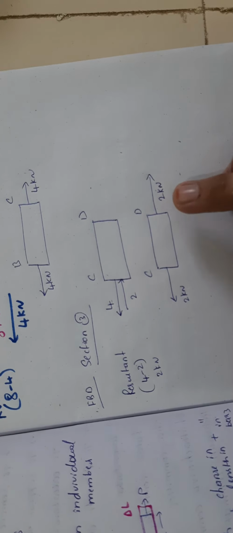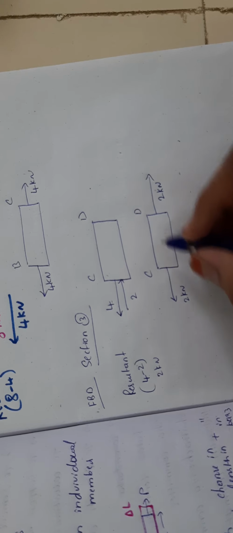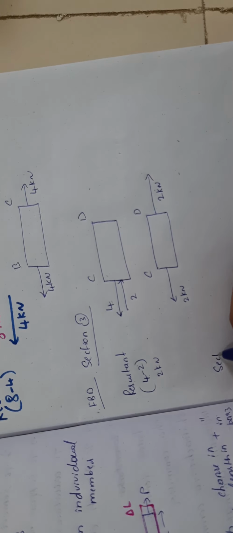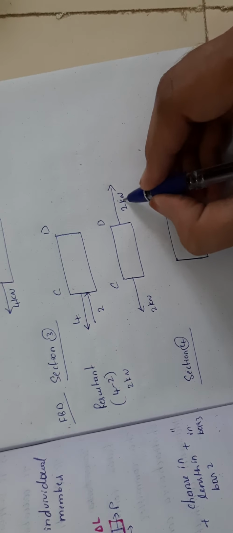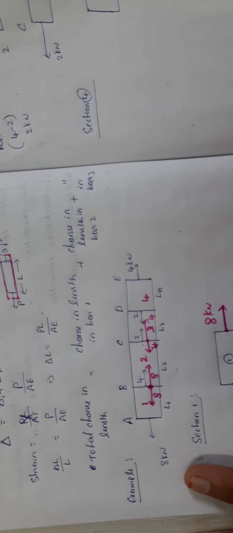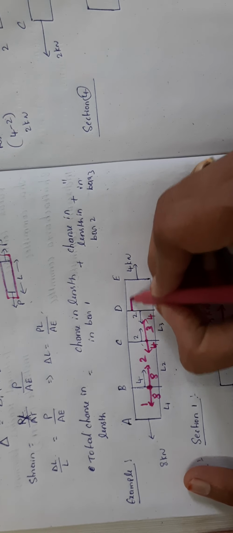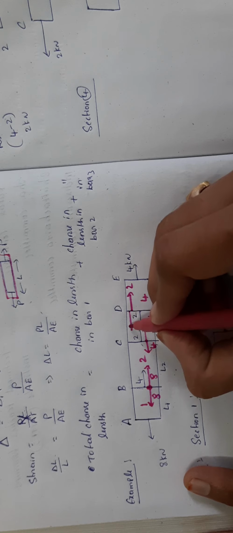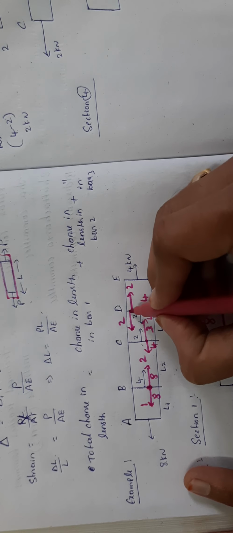Now if you go to section 4 free body diagram, I have already drawn it, but if you go to section 4, this 2 kilonewtons you have applied. Now you just add 2 kilonewtons this side, 2 kilonewtons this side, subtract and add 2 kilonewtons at one point, right?